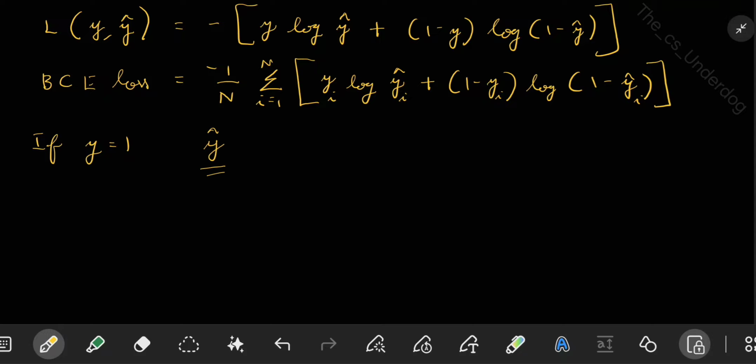Why is it probability? Because this is the output of the model. So the output of the model is interpreted as the probability that the input belongs to class 1. So if the input belongs to class 1, then the probability that it belongs to class 1 according to the model is y cap, right? So the probability is then y cap. I'll write probability is equal to y cap.